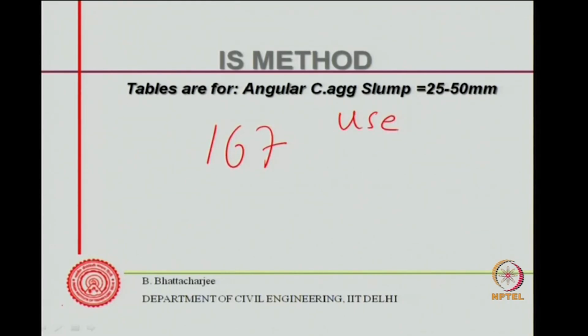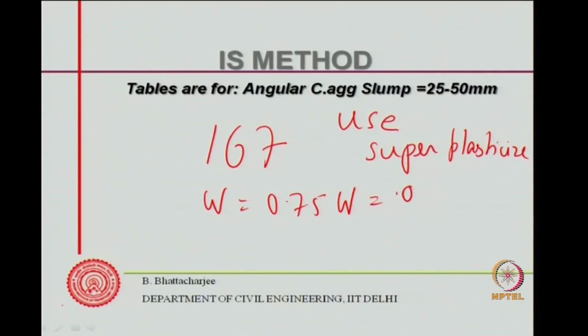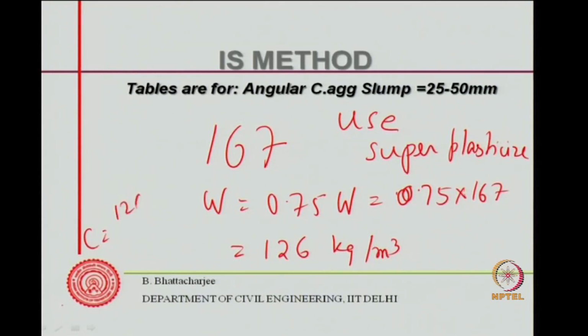If I use superplasticizer, W will become 0.75 W, that is 0.75 into 167, which equals about 126 kg per meter cube. So cement will be 126 divided by 0.45, which is approximately equal to 280 kg per meter cube.